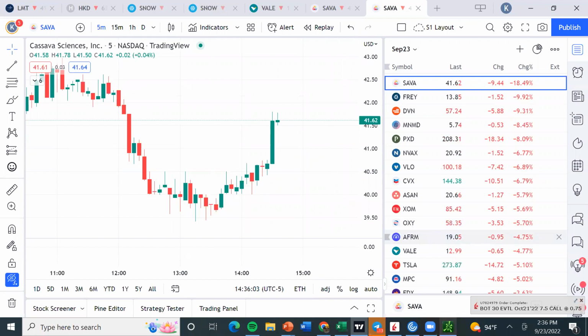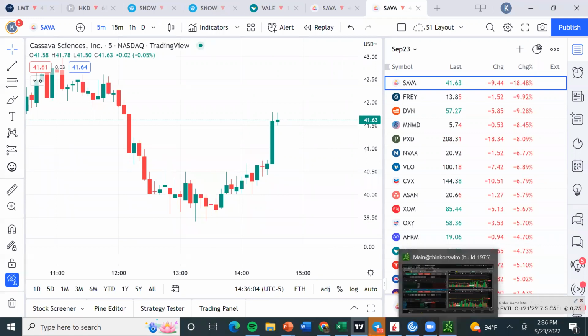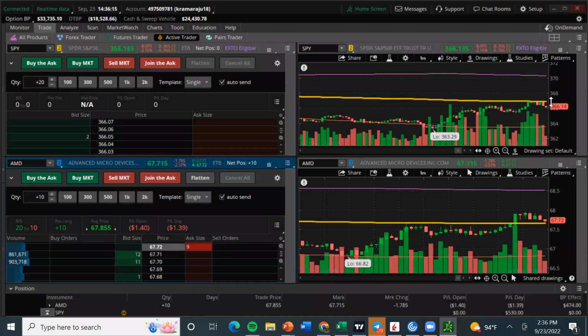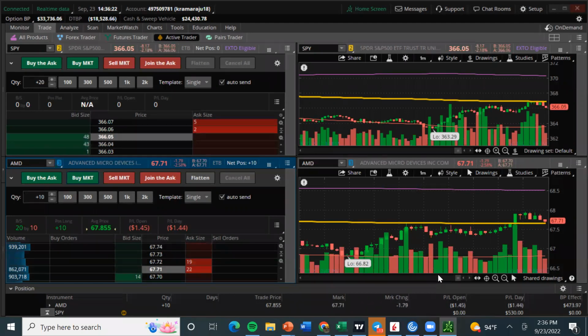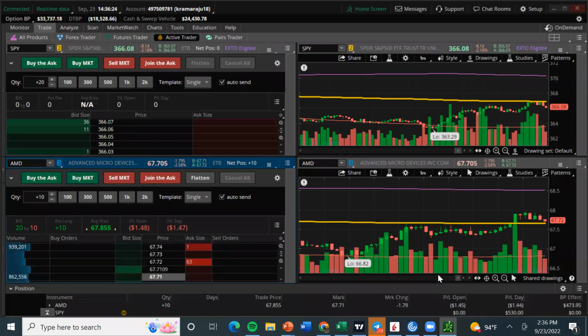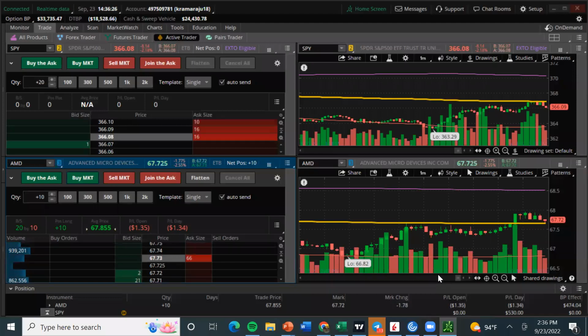SPY is trying to move, but bears are pulling it back. A lot of sellers are coming and trying to push it back. Let's give it some more time.